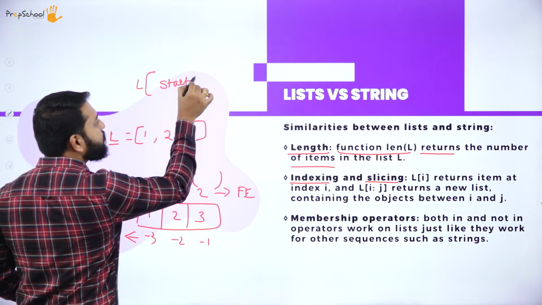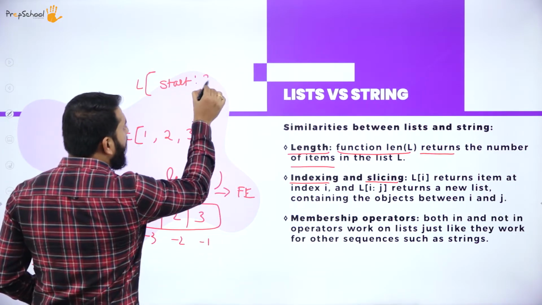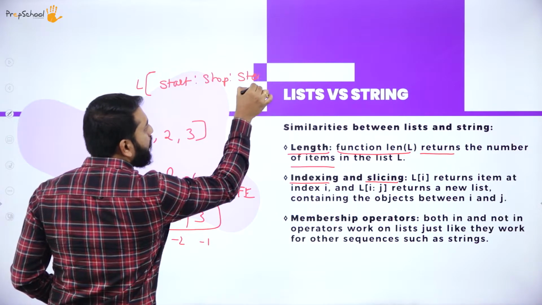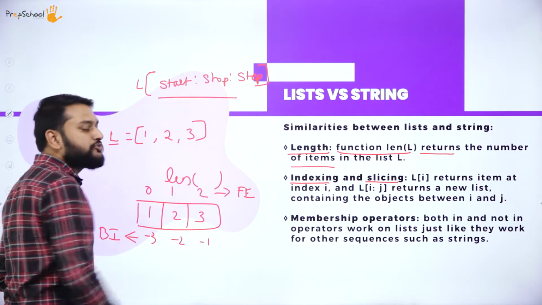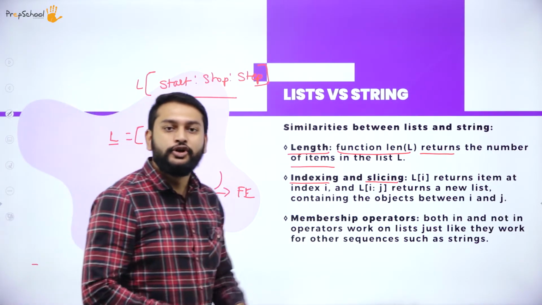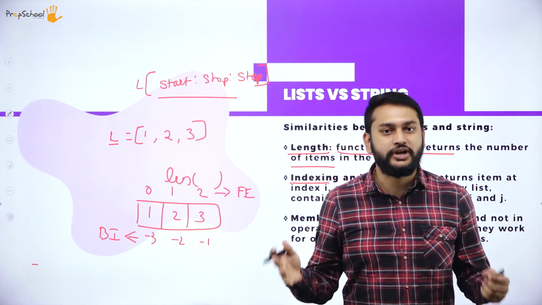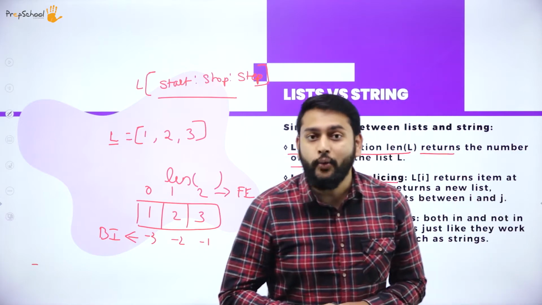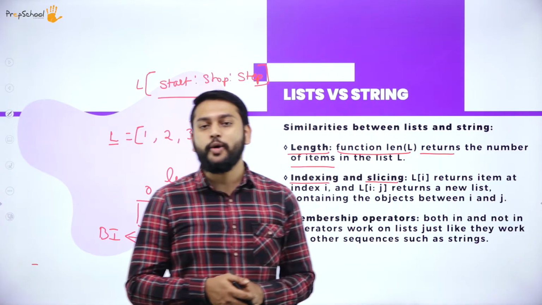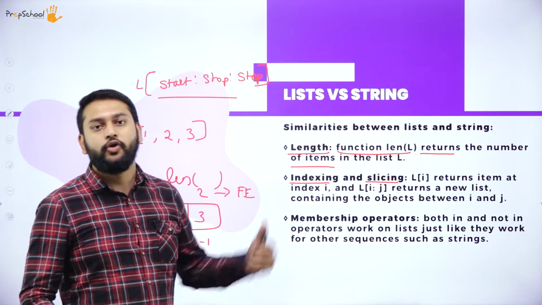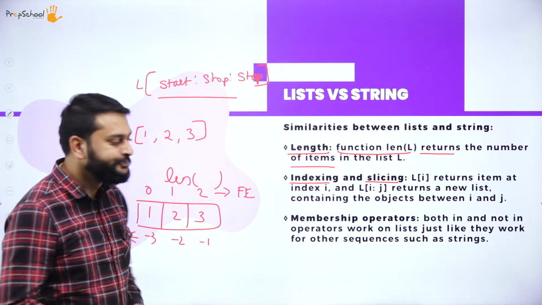From where exactly should I start? The same syntax I will use to perform the slicing operation on a string. Suppose you have forgotten how to perform operations on strings, please go back to the previous session and check what we have done.